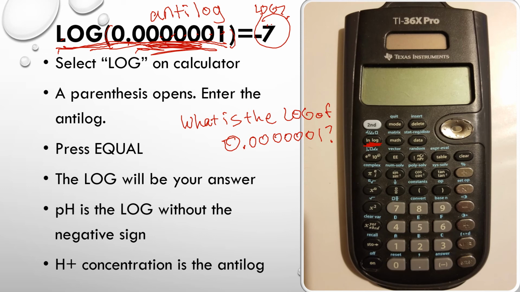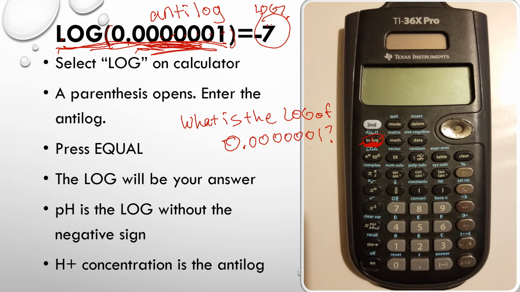Here's where log is on my calculator, and you notice there are two labels on this button, ln and log. Those are two separate functions. The ln means linear or something, I don't know, or line log or something.